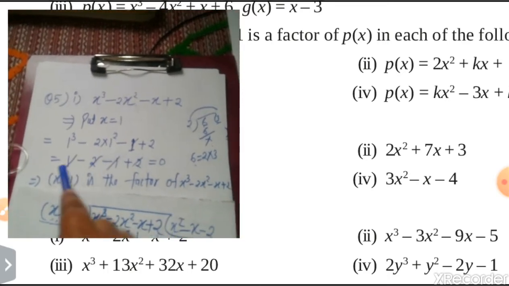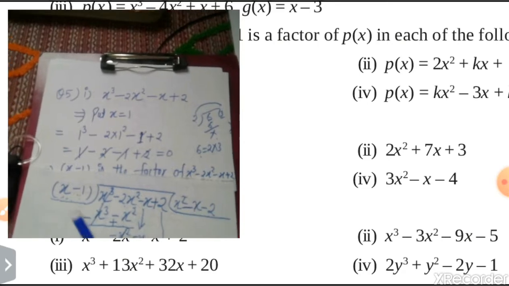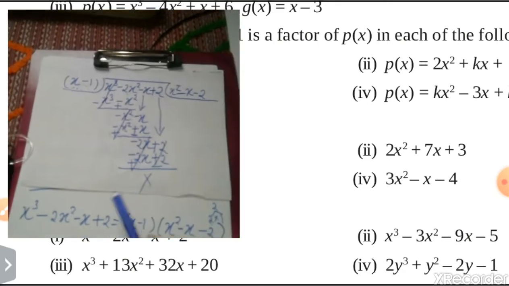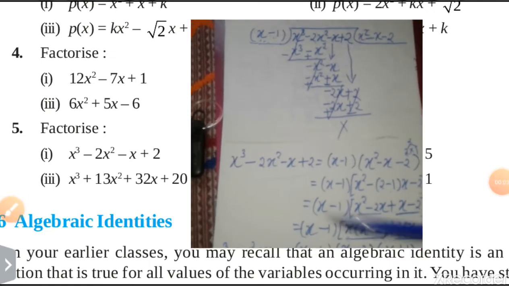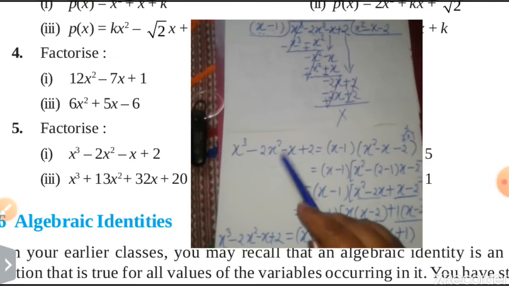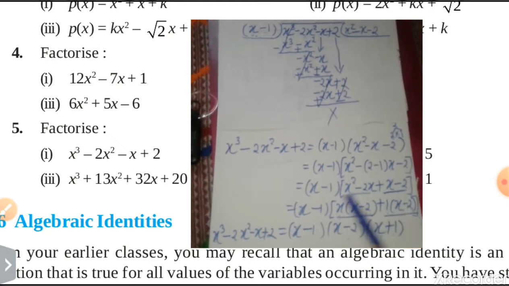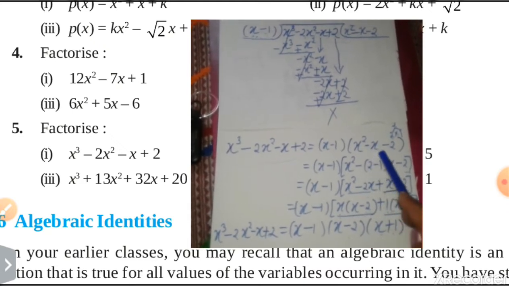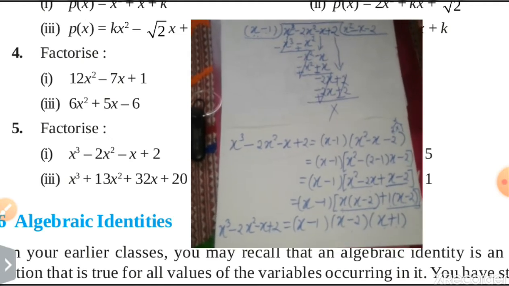That means x minus 1 is a factor of this polynomial, and by this factor we divide the polynomial. Then in the next part, you can see that dividend equals divisor into quotient, and we solve this quotient by splitting the middle term, and this is the final answer of this question.